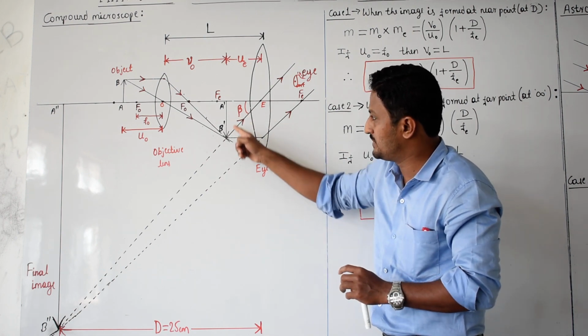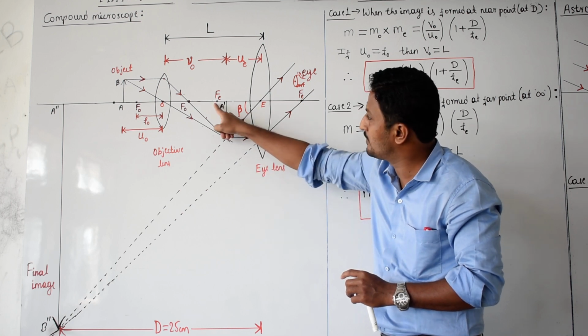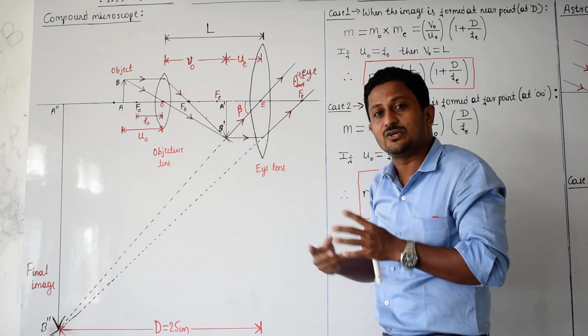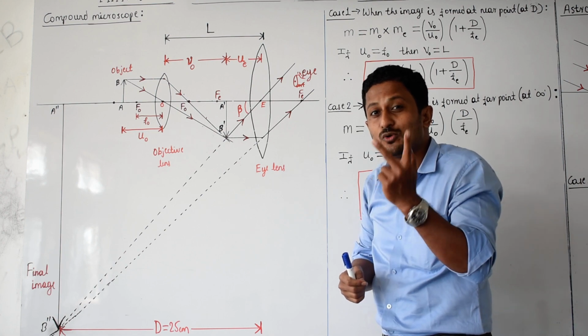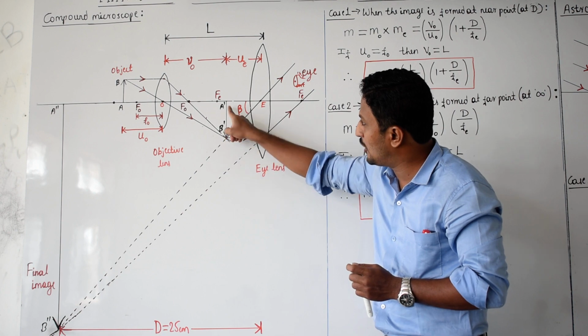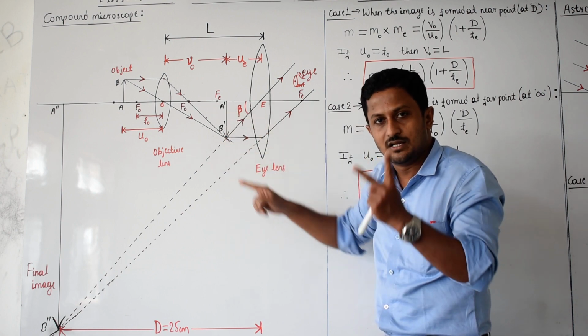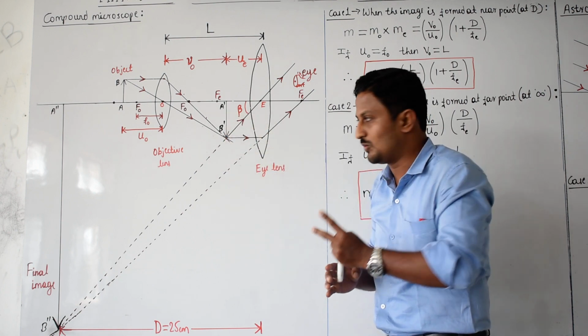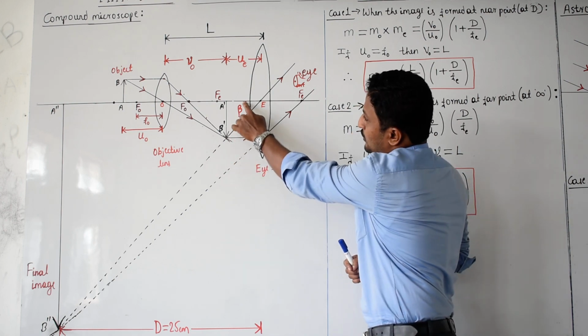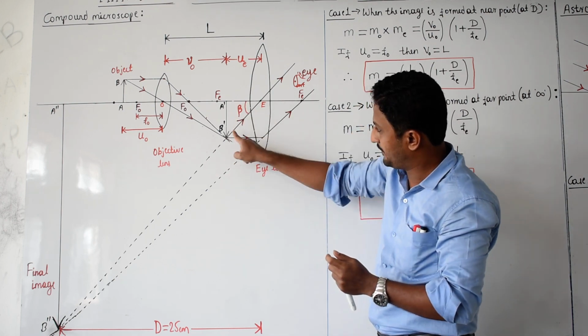Now look here. Once that object comes between the principal focus and optical center, you take two light rays to draw the ray diagram. From this object A dash B dash, again I am taking two light rays. One is a parallel light ray with respect to the principal axis.